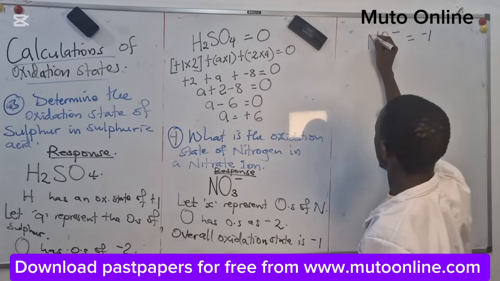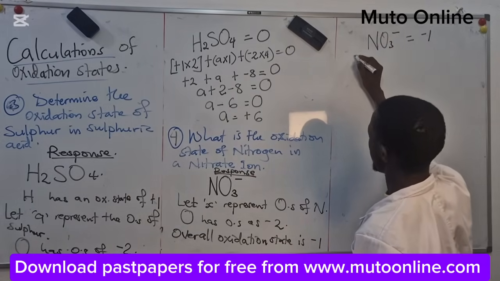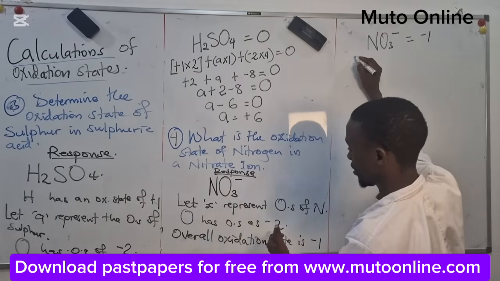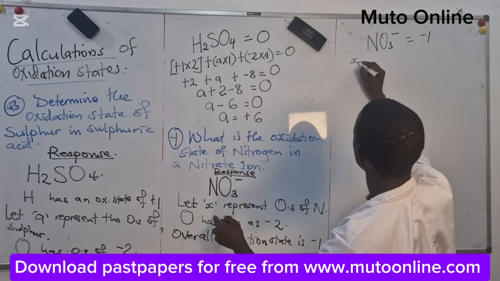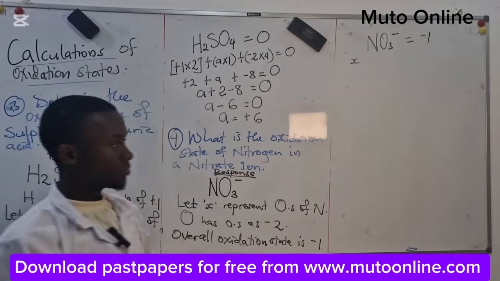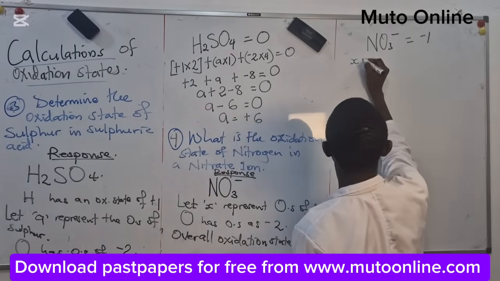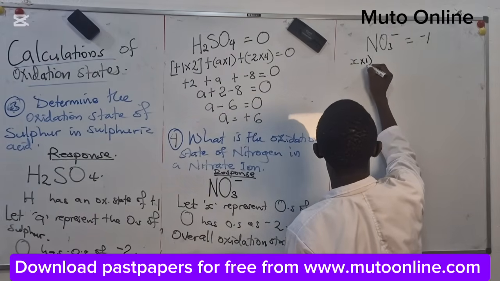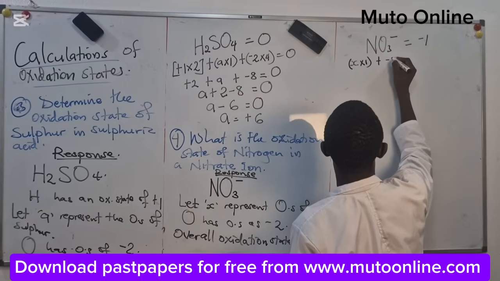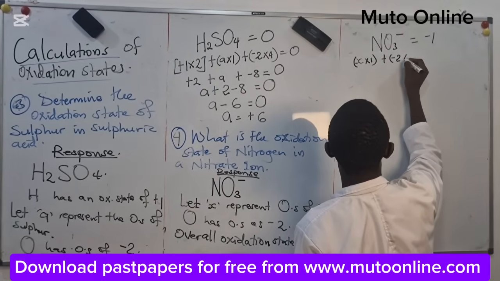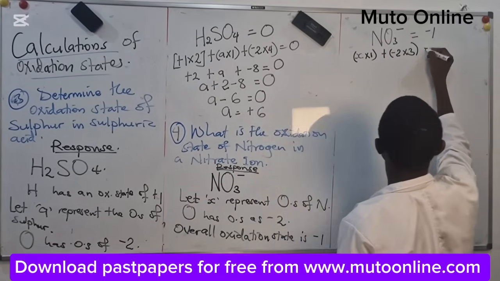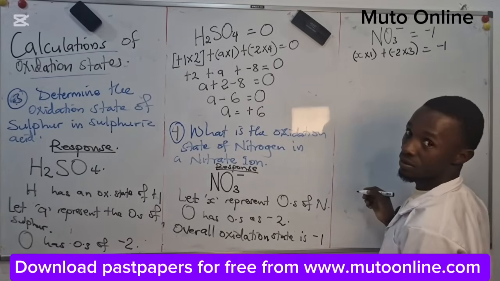So we have the oxidation state of nitrogen in this question. We said it is going to be X times the number of nitrogen atoms, which is 1, plus the oxidation state of oxygen, which is -2 times the number of atoms, which is 3, giving us a -1.